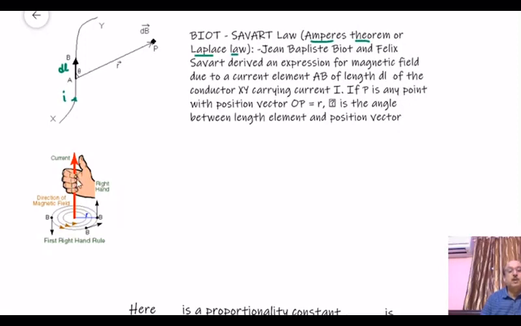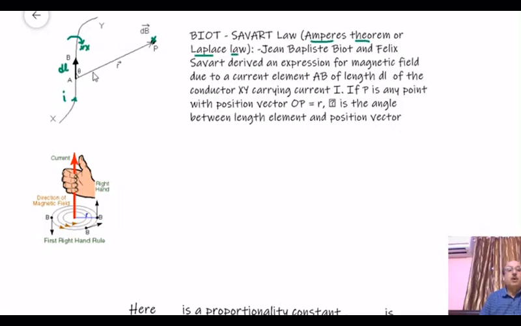It means the current is in this direction, then the magnetic field will be like this. So on the right side of this wire, the magnetic field is crosswise, it means into the page. So here is the magnetic field dB, because of the element dl, is crosswise.